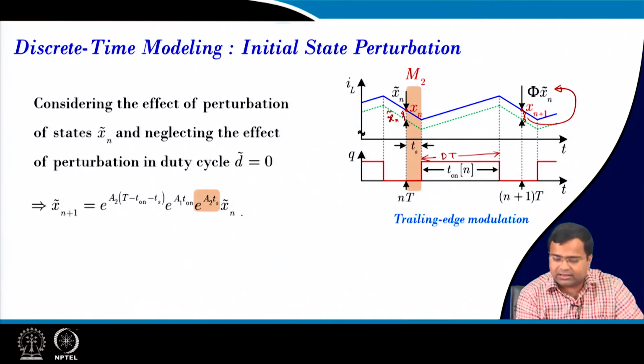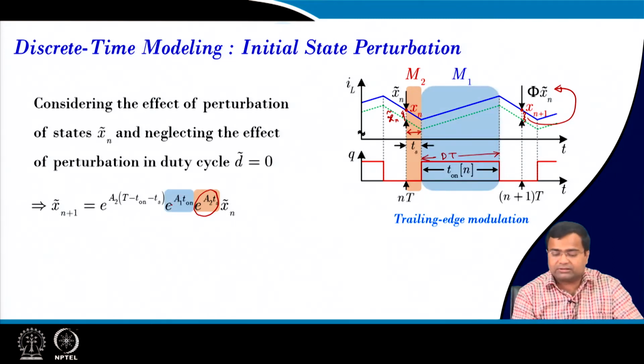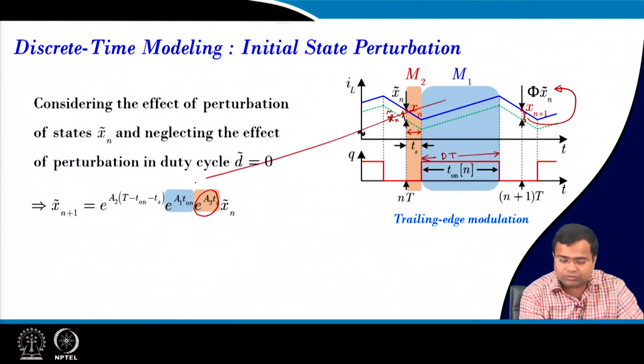Then xn plus 1 can be obtained by this. First xn propagates through this, and this is my mode 2, and the mode 2 matrix is A2. Then it propagates through the next mode, that is my A1. So, it goes to this, that means this one is now x1 tilde.